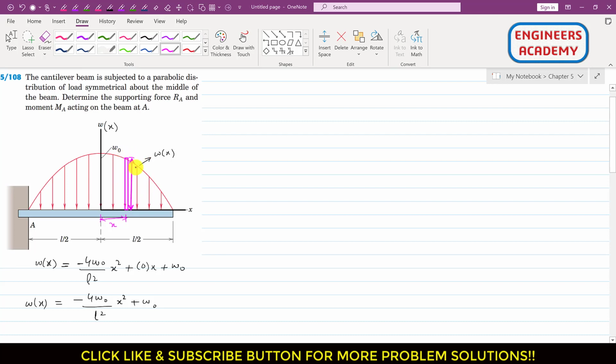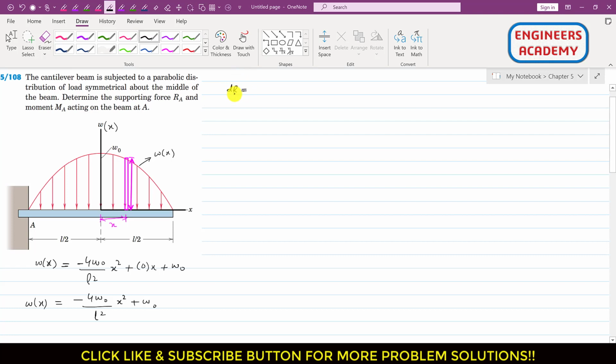So we can write that this differential area represents that differential resultant of the differential distributed load which is associated with this area. So we can write that this represents this very small resultant of that distributed load, which is associated with this very small area.